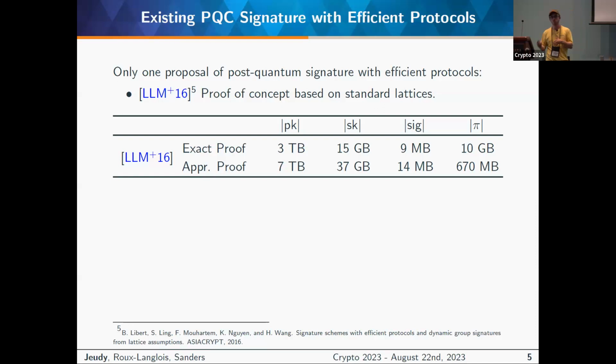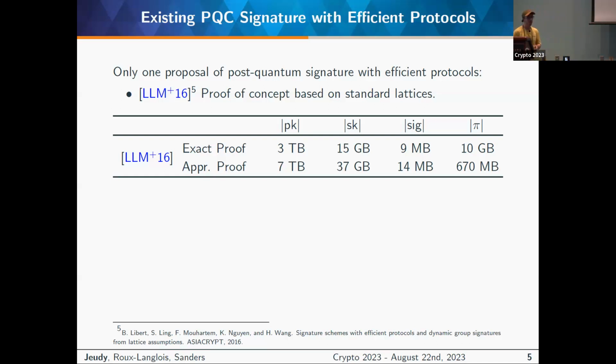but it's rather a proof of concept than anything else because they adopt a rather asymptotic parameter and security analysis, which when you plug parameters to achieve a security target like 128 bits of security, you end up with those kind of sizes. So very intractable, not usable in practice at all in terms of key sizes, also very large signatures, and the verification proof size is also extremely big, which is one of the main metrics that we want to optimize over.